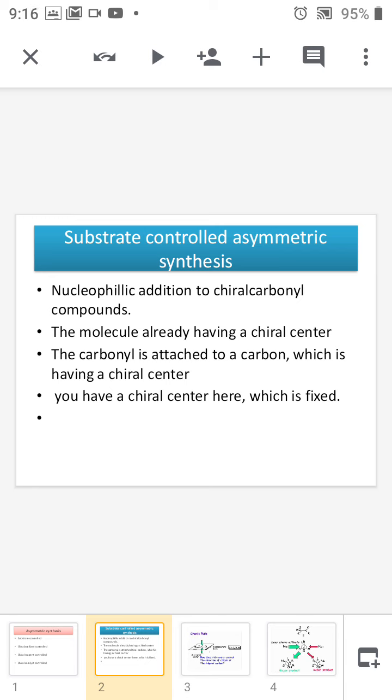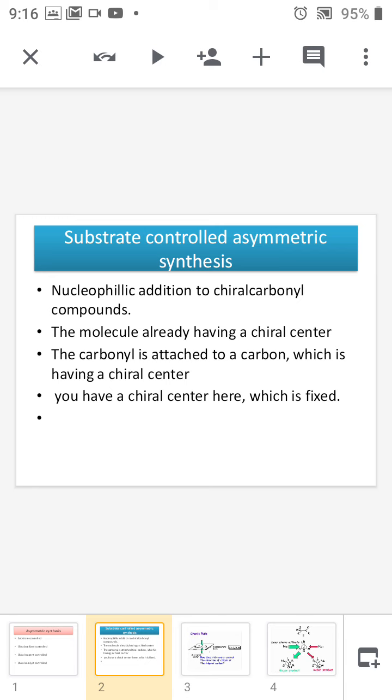Here we have to note that the carbonyl group is not a chiral functional group, because C is doubly bonded to the oxygen and there are two substituents for satisfying the valency of the carbonyl group. These two groups may or may not be different, but even then the carbonyl is not optically active. But here the carbonyl group is attached to a chiral group.